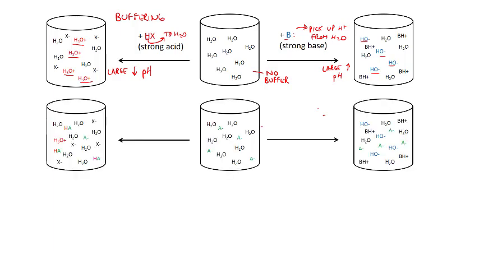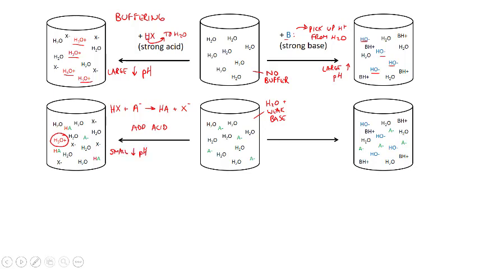All right, so let's consider the situation where instead of water, we have water plus a weak base. Now, if we add acid to a solution of water plus a weak base, much of our strong acid will react with our weak base to give us a weak acid and a counterion instead of H3O plus. So we still get an increase in H3O plus, but it's pretty small.